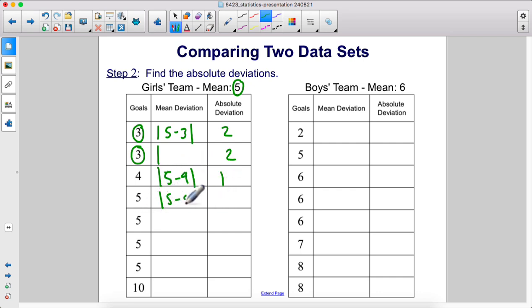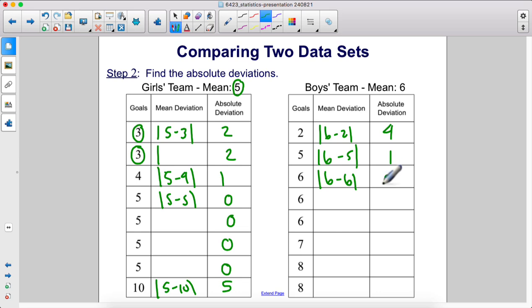Absolute value of 5 minus 5 is 0, and these are all zeros. And then the absolute value of 5 minus 10 is, well, remember, 5 minus 10 is negative 5, but this is the absolute value. So that's also 5. Over here, 6 minus 2 is going to give us 4. 6 minus 5 is 1. 6 minus 6 is 0, and the next two are also zeros.